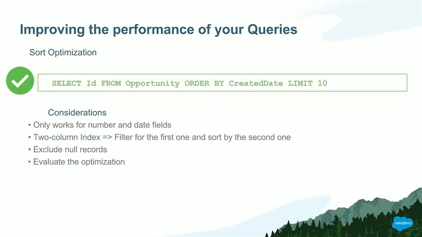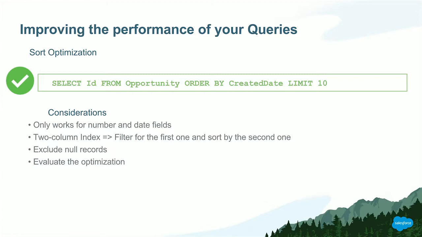And it's so probable that you have a limit clause in your query for not hitting with our worst enemy, the governor limits. And some consideration that we have to bear in mind when we use the sort optimization.